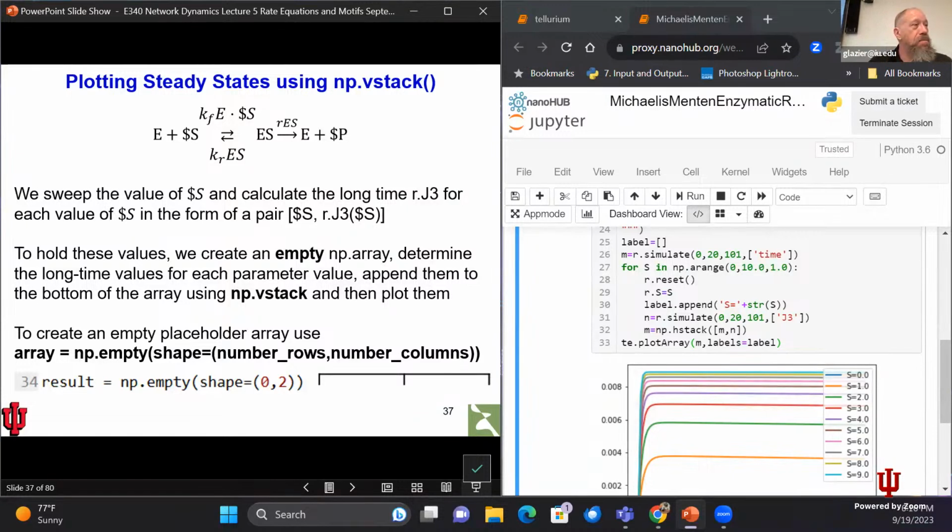The dollar sign is because I don't want the amount of substrate to be changing. I say, if the amount of substrate is 10, how much product do I get?